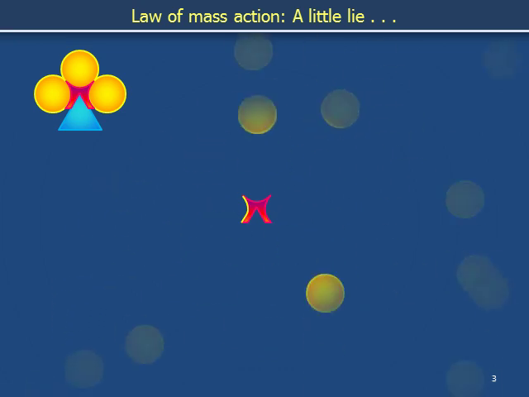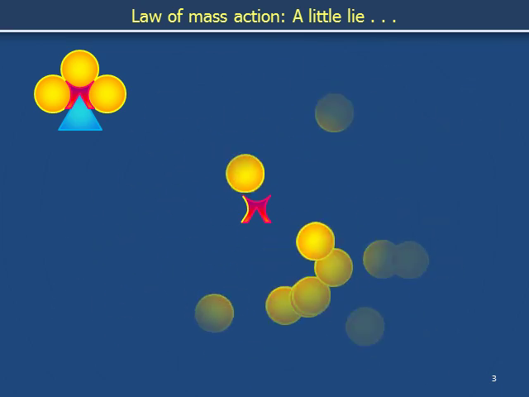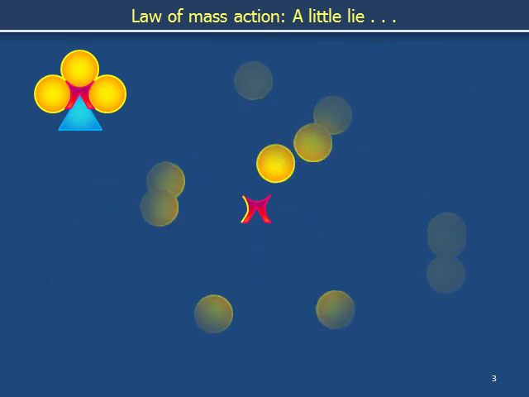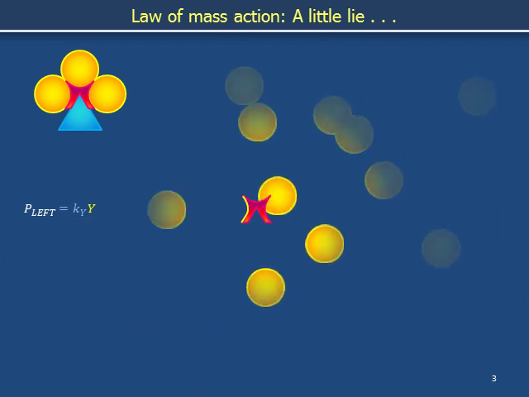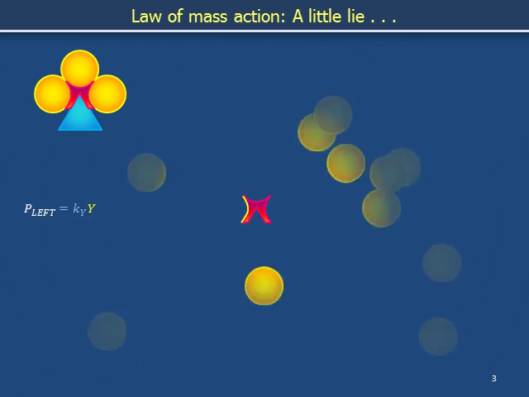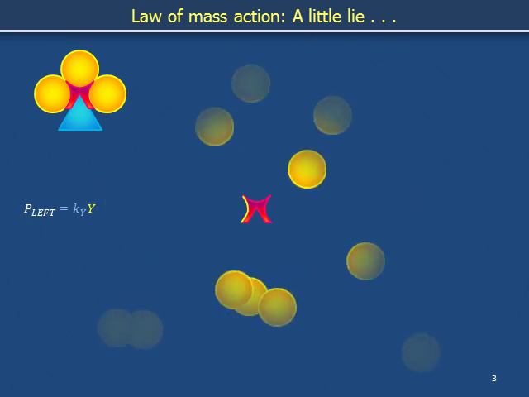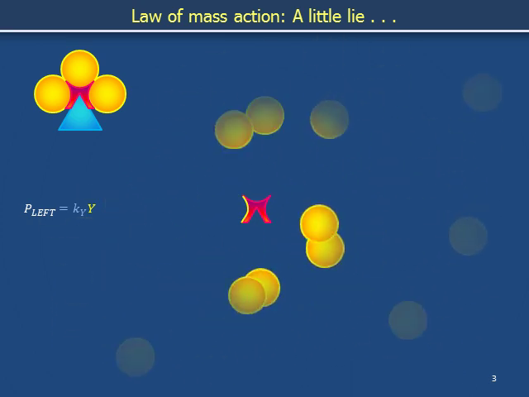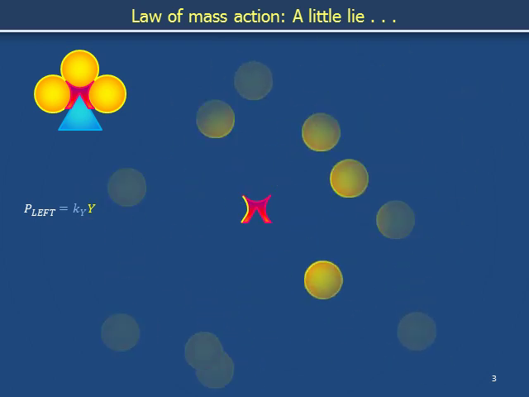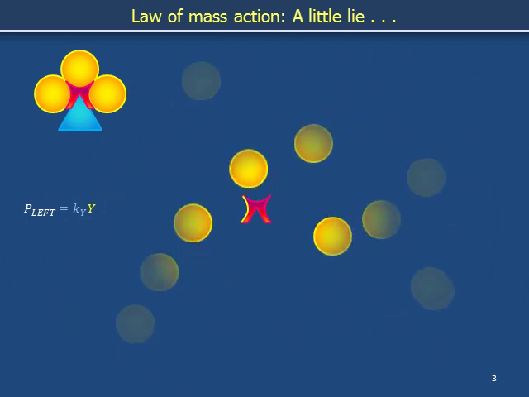If each individual circle occupies the groove for only a small fraction of time, then the total fraction of time that the groove is occupied is proportional to the concentration of yellow circles in the solution. The proportion of time that the left groove is occupied is p sub left, which is equal to a proportionality coefficient k sub y multiplied against the concentration of y, meaning the concentration of yellow circles.